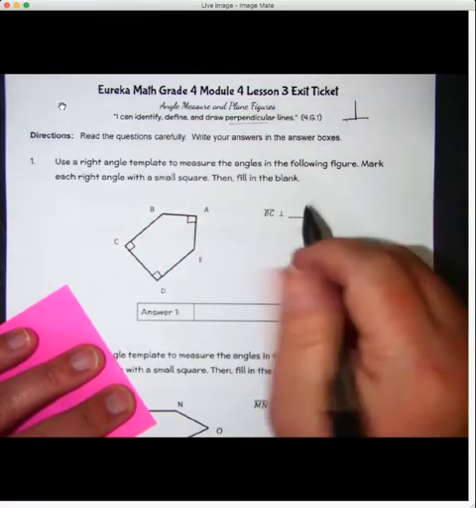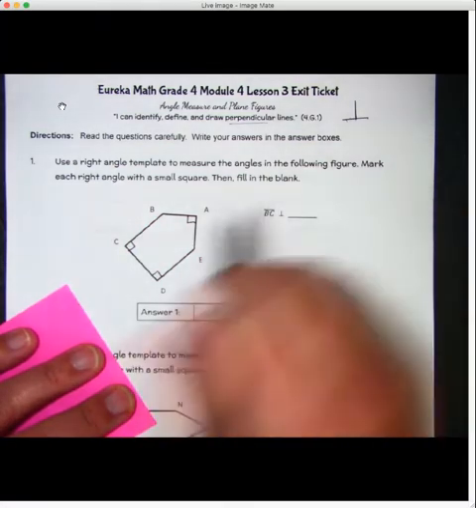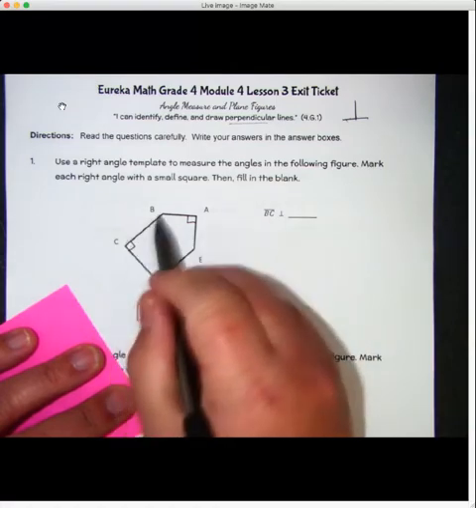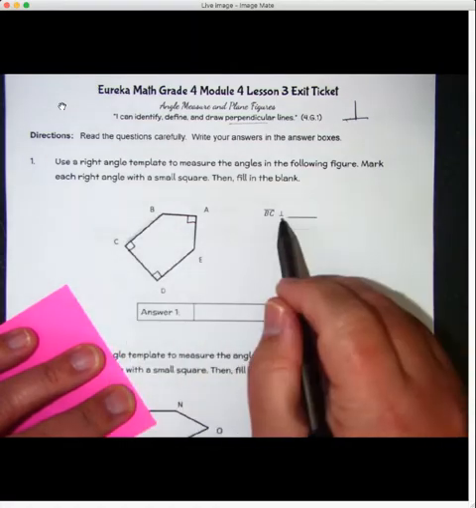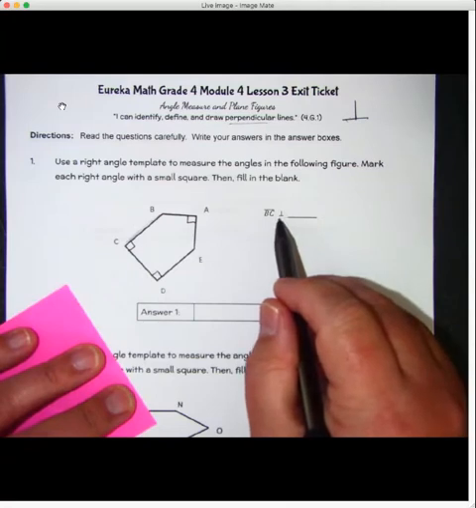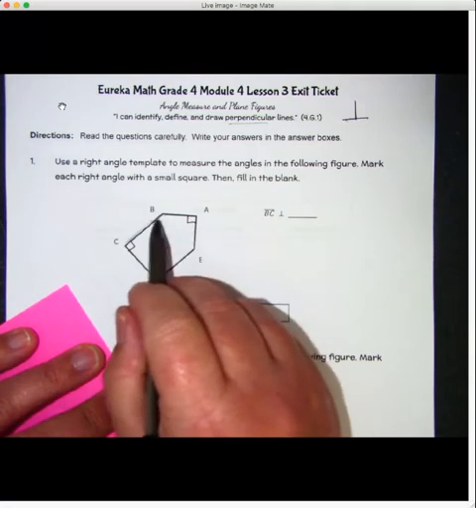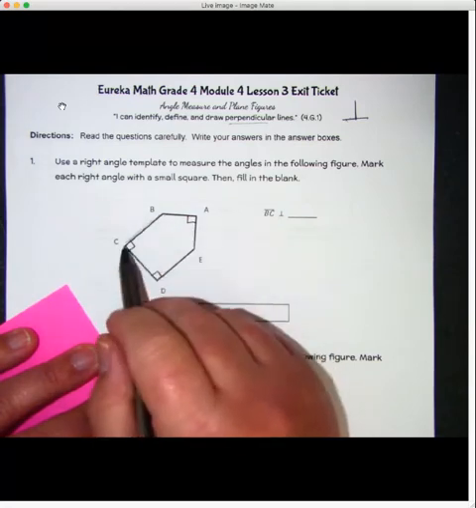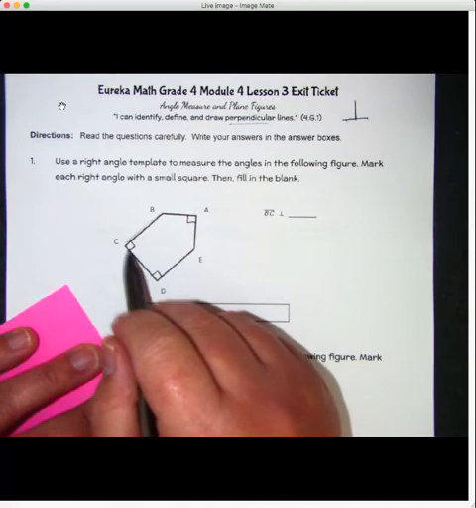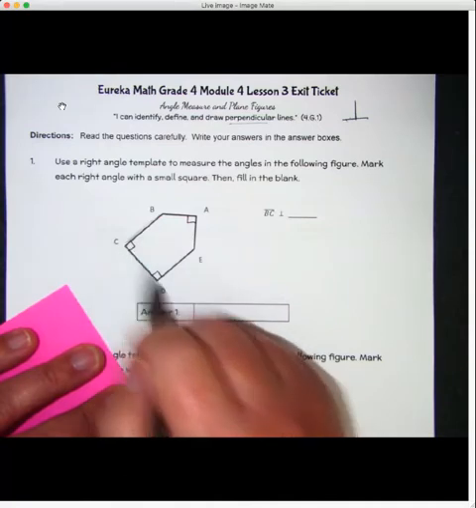And now what it's wanting us to tell is that line segment BC, which is right here, is perpendicular, or in other words, it makes a right angle with what other line segment? Well, it can't be AB because that's not a right angle right there. So line segment BC makes a right angle with line segment CD.